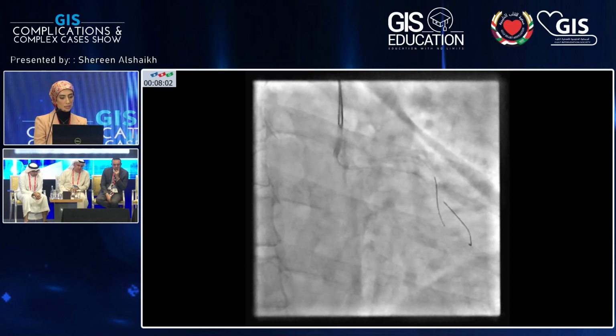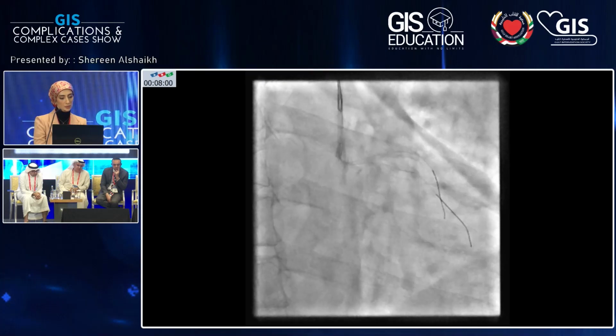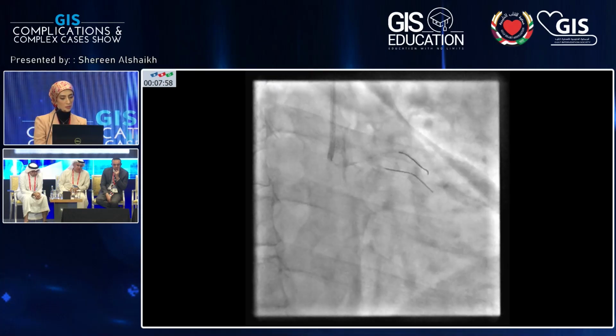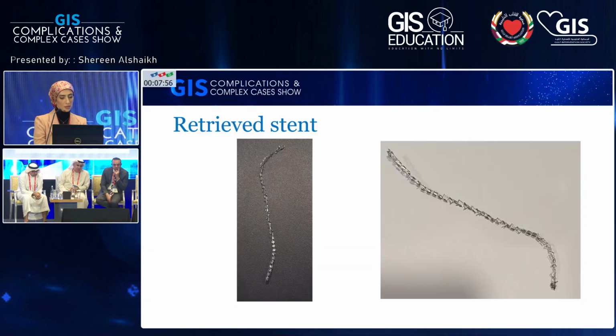So the whole system came back. And this is the stent that was retrieved. And you can see how damaged and deformed the 48 stent is.